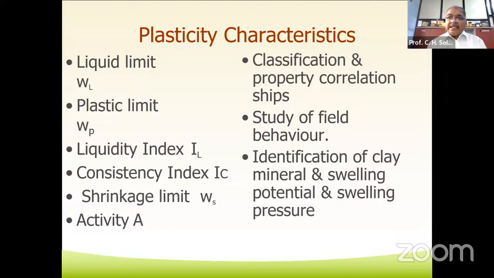The various soil indices can be determined on the basis of the Atterberg limits, such as the plasticity index, liquidity index, consistency index, activity number, etc. Test results are mostly useful in studying the field behavior of fine-grained soil. We can also denote the degree of firmness of fine-grained soil by knowing the Atterberg limits of such soils.